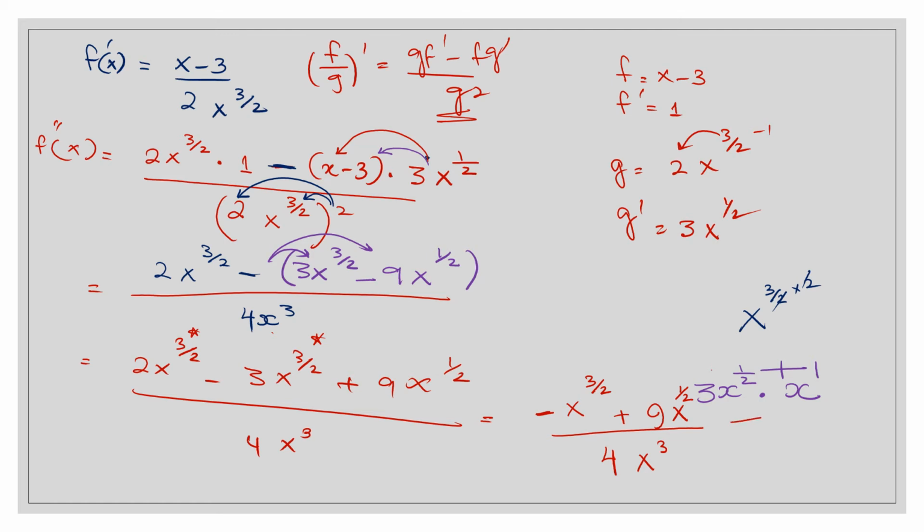Just make the second derivative equal to 0 and then solve for x. So here, minus x to the power 3 by 2 plus 9x to the power half, divided by 4x cubed.